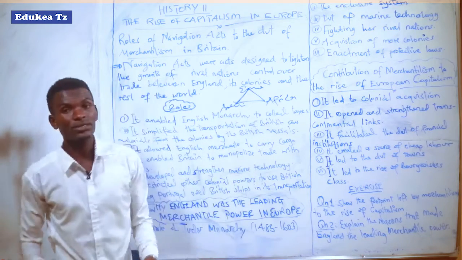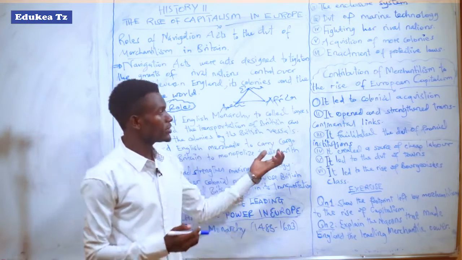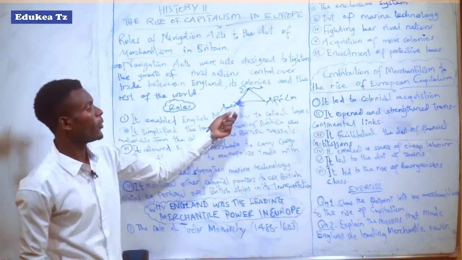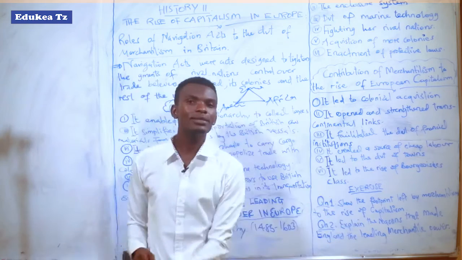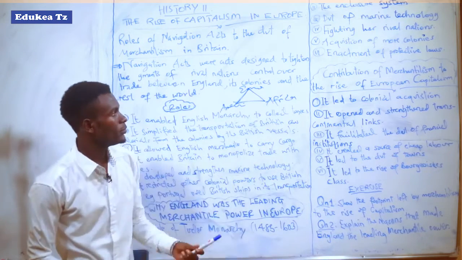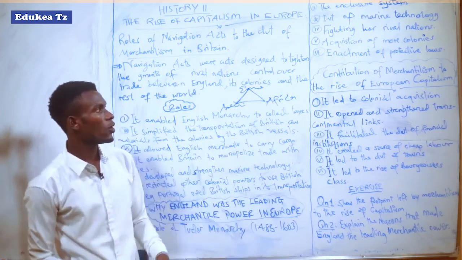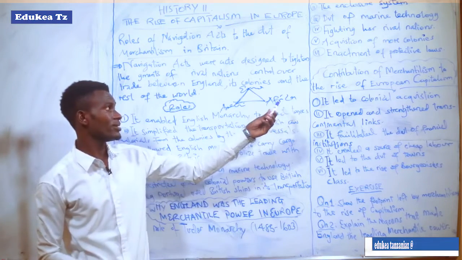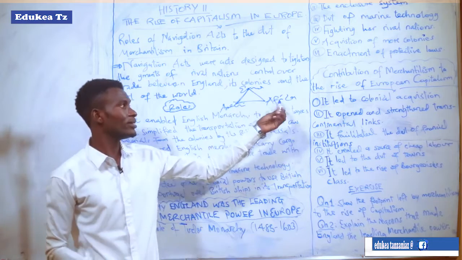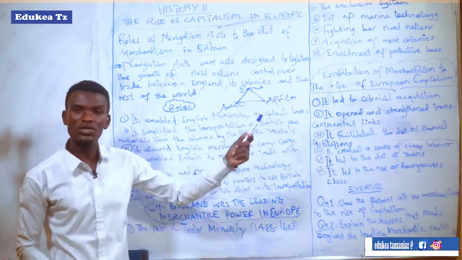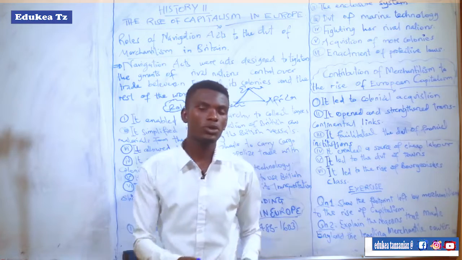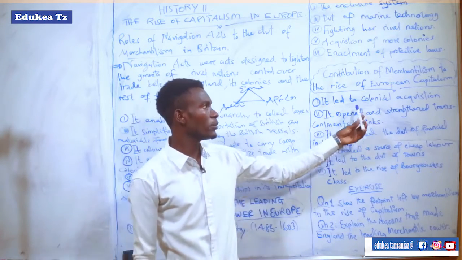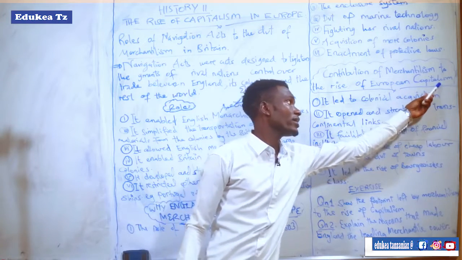Through this trade, the transcontinental routes were opened, and that stabilized trading activities between Europe and mainly Africa and America, which acted as sources of raw materials, labor, and so on. So you can see how mercantilism led to the development of European capitalism.